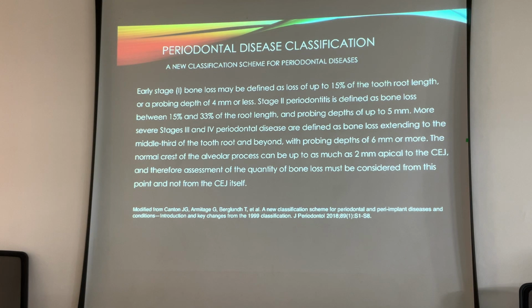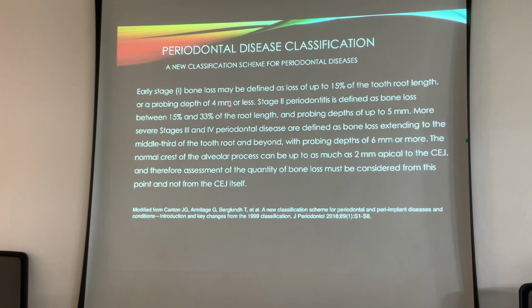Now, there's a new classification for periodontal diseases. The first one is stage 1, early stage. Bone loss may be defined as loss of up to 15% of the tooth root length, or a probing depth of 4 mm or less.